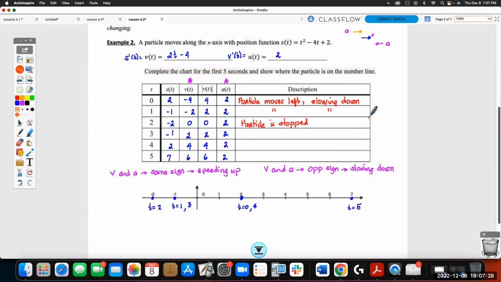And of course, if it's not moving, it's neither slowing down nor speeding up. It's just stopped. At t equals 3, the velocity is positive, which means that the particle is moving to the right. And the velocity and the acceleration have the same sign, so the particle is speeding up.